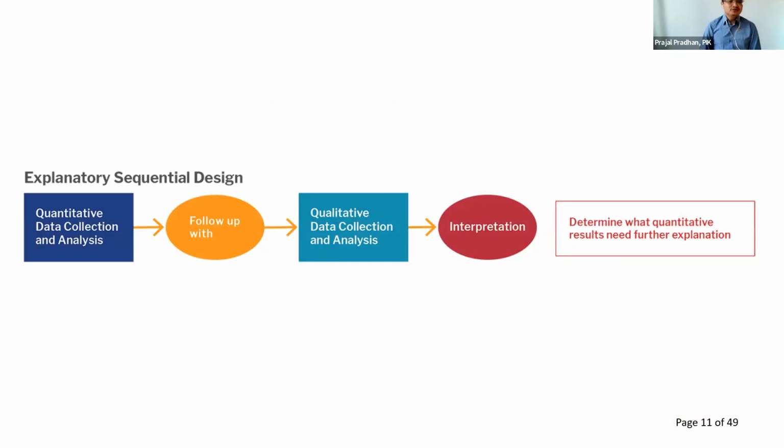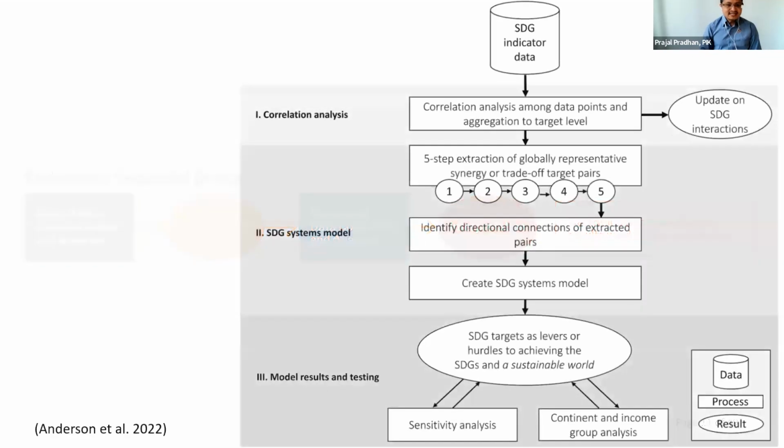The second approach is to use quantitative data, yeah, to analyze the quantitative data and then combine it with qualitative data for further analysis or further interpretation. Yeah. So one example would be this approach here.